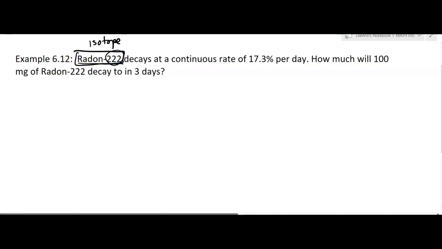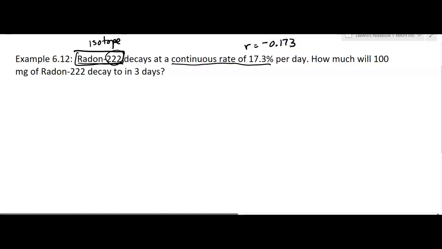It's a radioactive material. And it's going to decay at a continuous rate of 17.3%. Okay, so this is going to be our R, and it's decaying, so it's going to be negative 0.173.